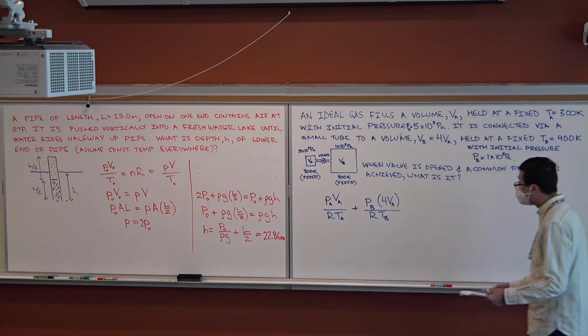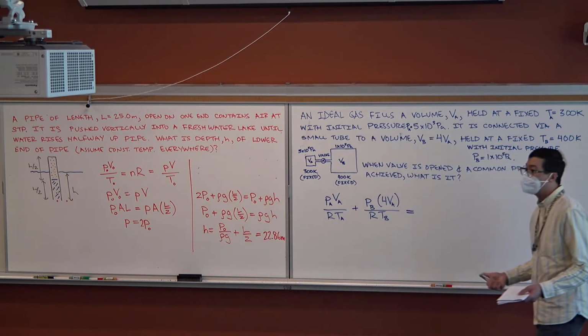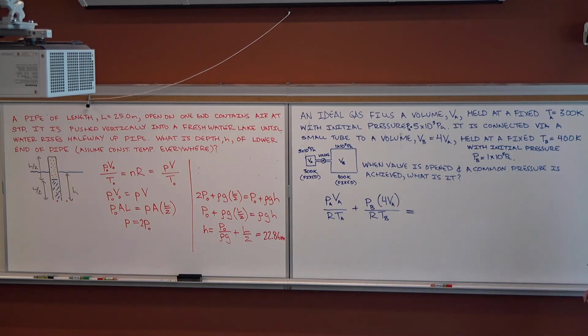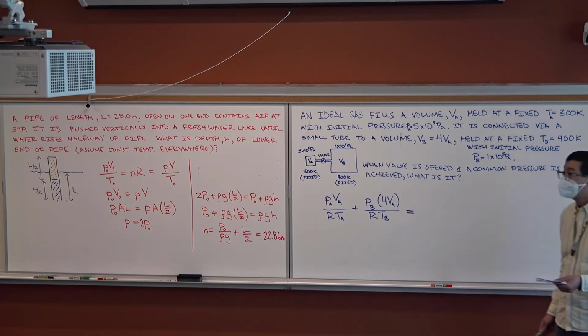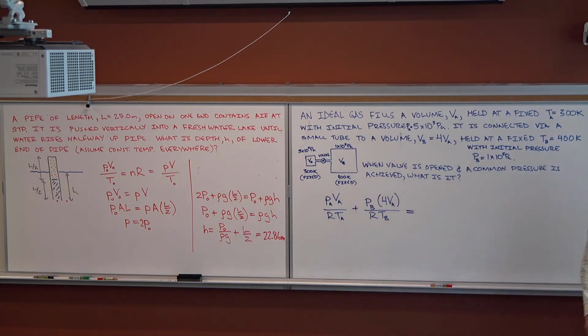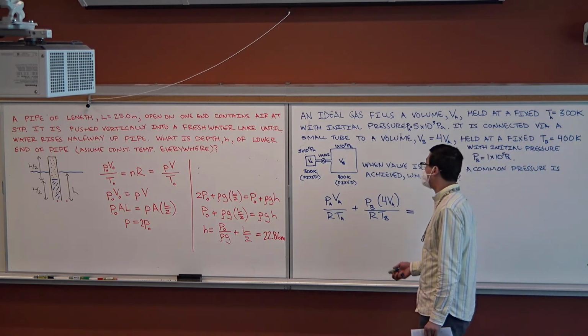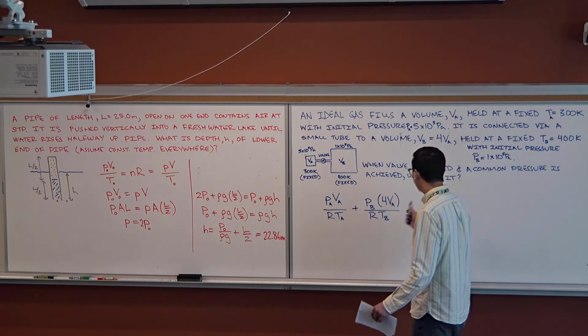And then when all is said and done, we still have the same number of moles. So can you template this for the after case? I can just write P. Excellent.